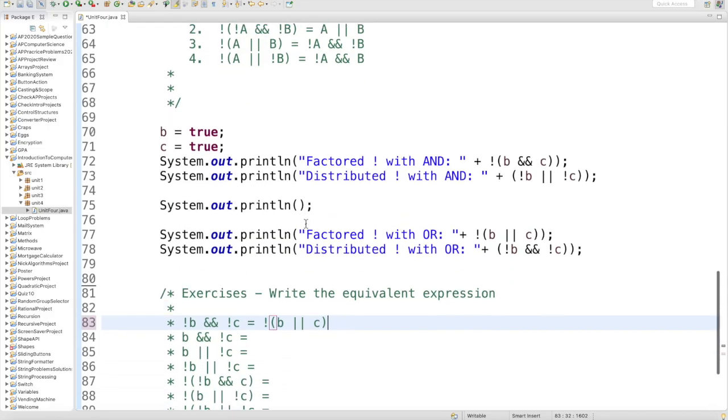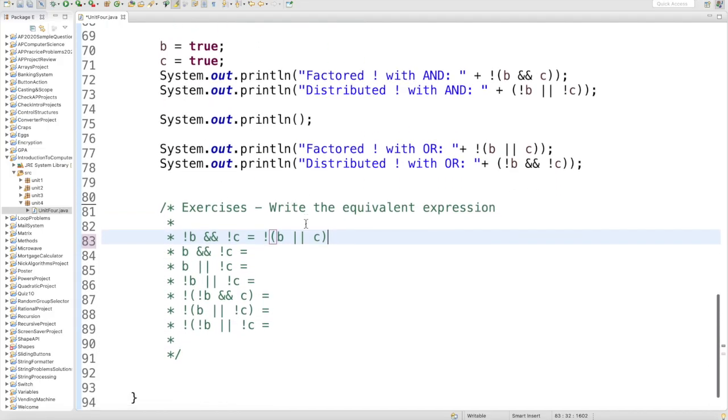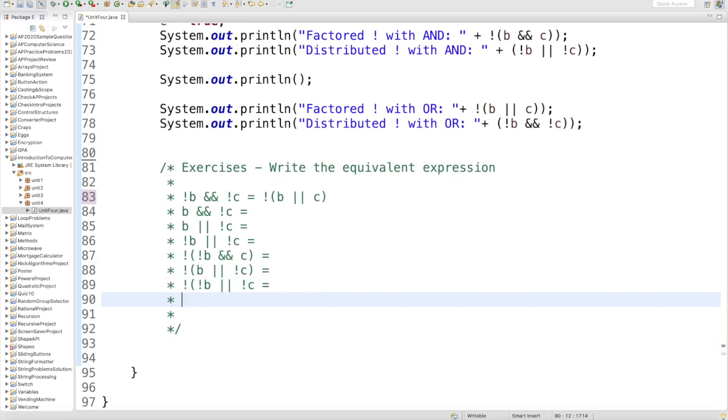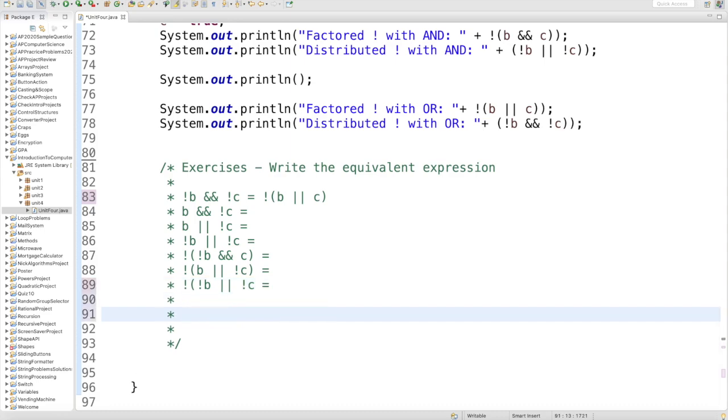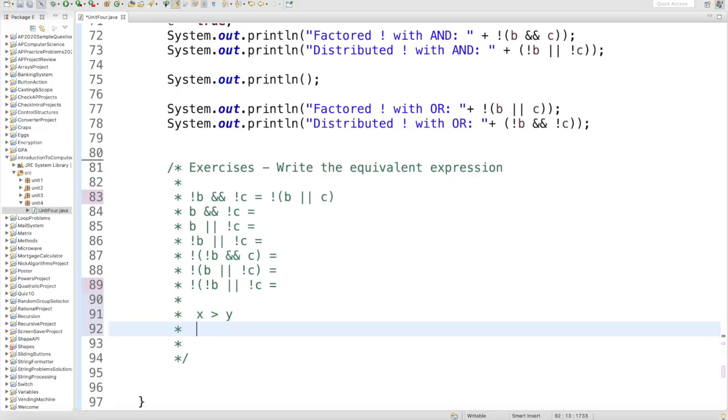Okay? So I'm going to go ahead and add some more statements down here. Suppose that we had the statement that X is greater than Y. Okay? Suppose we had that statement. And we wanted to write not X is greater than Y. How would this look?